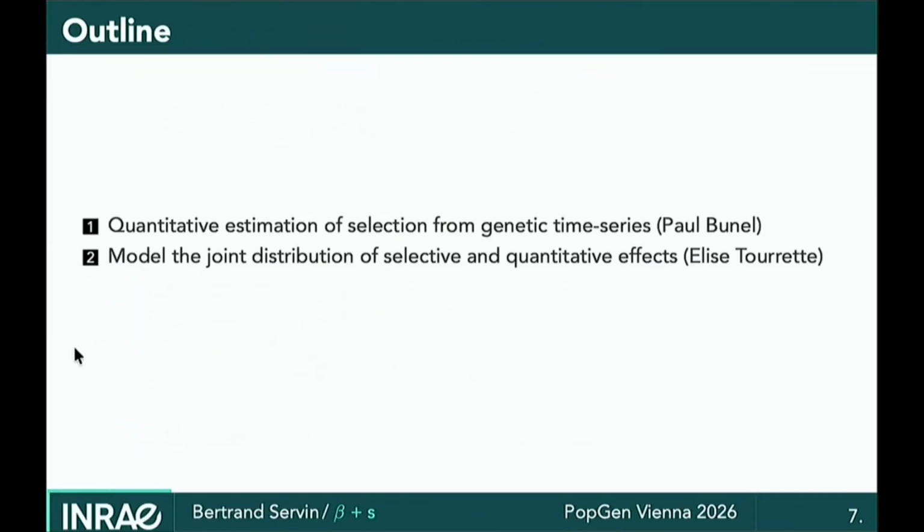And the second part of the talk would be about how we model the joint distribution of selective and quantitative effects, which is more of the title of the talk. But I wanted to talk to you about Paul's work because it's important to understand what's going on. The second part is work that was performed by Elise Tourette, who was a postdoc with me, and just recently took a position in RAE 2, but in Paris.